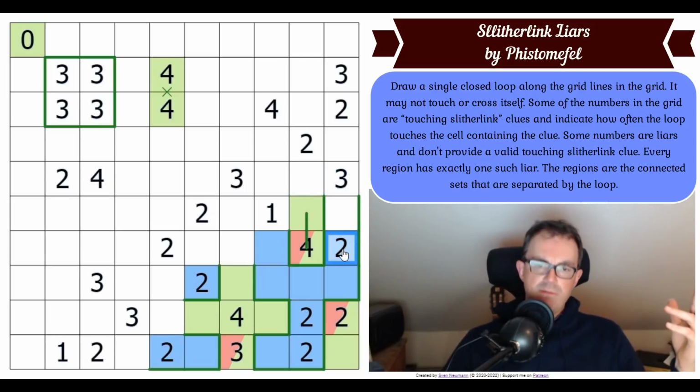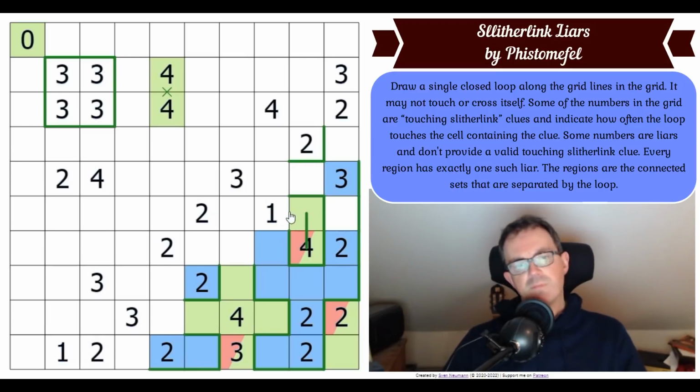So if this is blue, then this is also blue, which means it's inside the loop, which means we have to do that and that. And that's broken, actually. That's broken because of this 1 clue. Wow, okay, that's really hard to see, but it is broken. This 1 clue, look, has got 2 line segments coming into it.